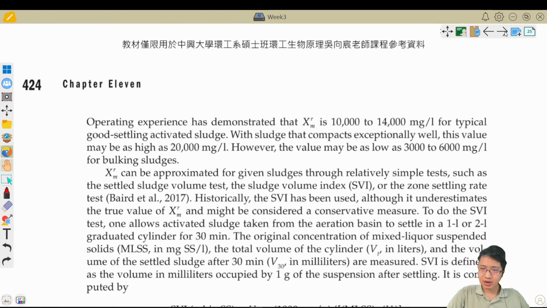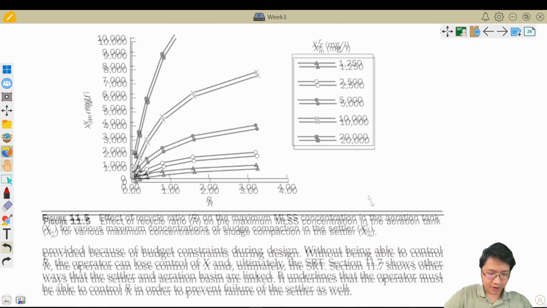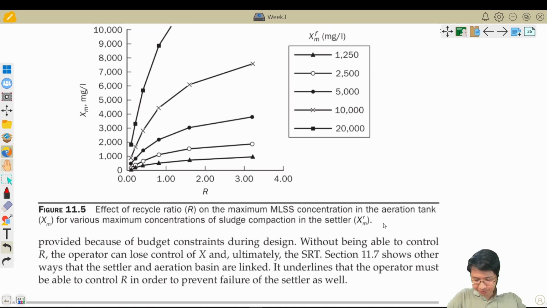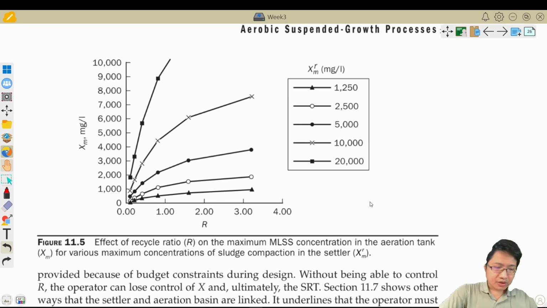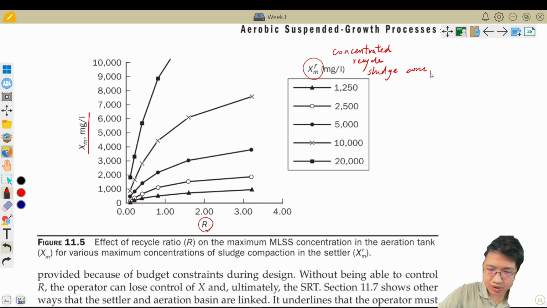We will see in figure 11.5 that there are different recycling ratios, and here is XM in milligrams per liter, which means the concentrated recycle sludge concentration.